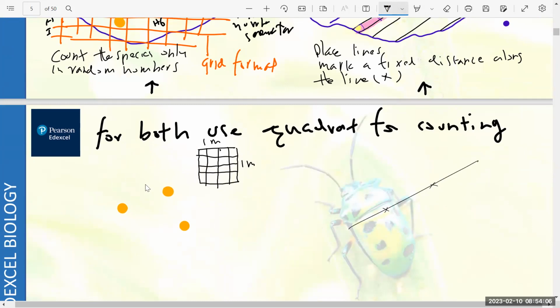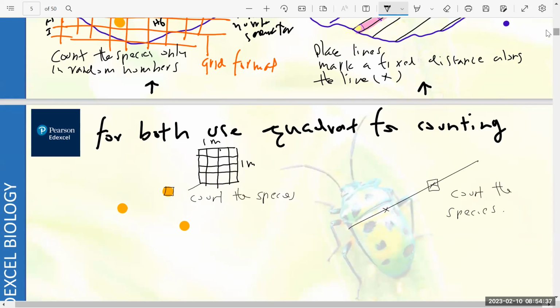Then I keep this quadrant in this place and count the species. And for this one, again, keep and count the species. So quadrant can be used to count always a fixed area in each place.